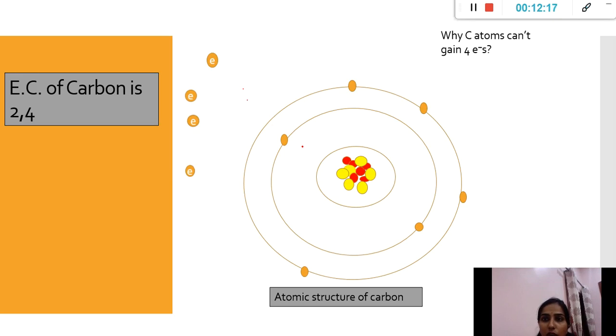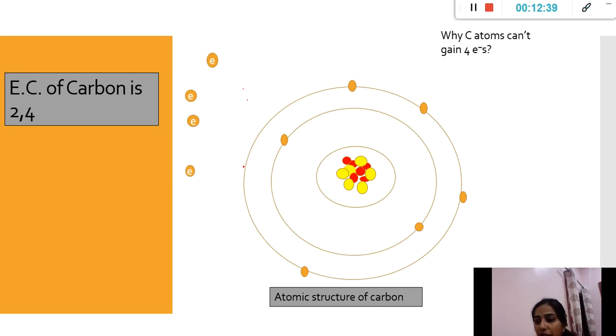So why did they fail? Why is the carbon atom not accepting the 4 electrons in order to complete its octet by gaining 8 electrons in its outermost shell?